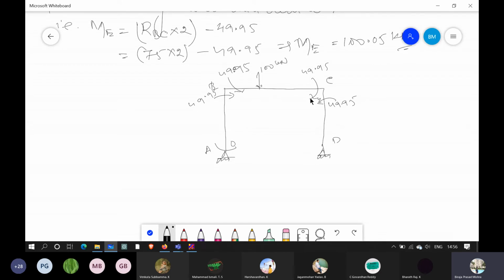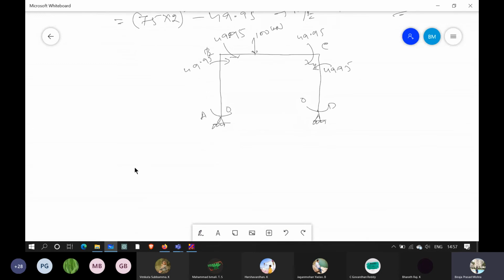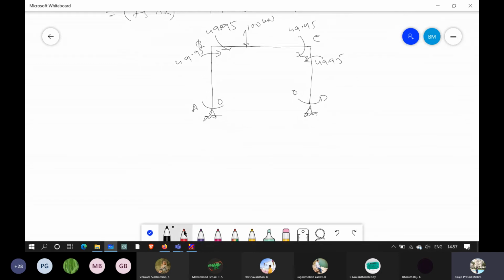And this is again 0. So how will we put all these values and show it technically? Let me draw it a little below. Let us say this is the frame: this is A, this is B, this is C, and this is D.